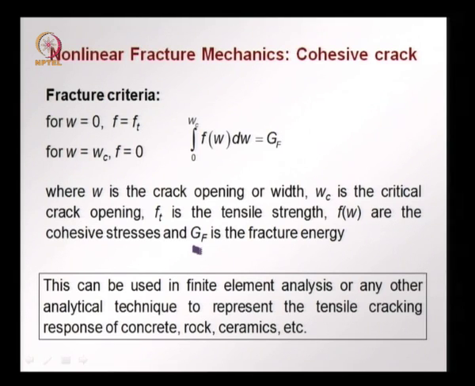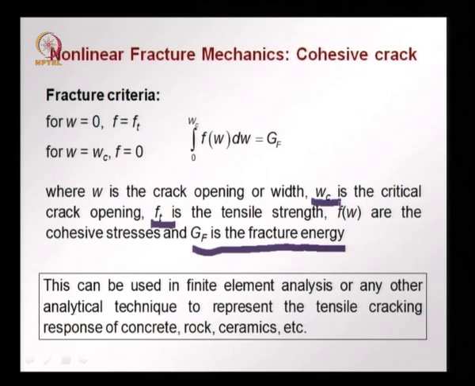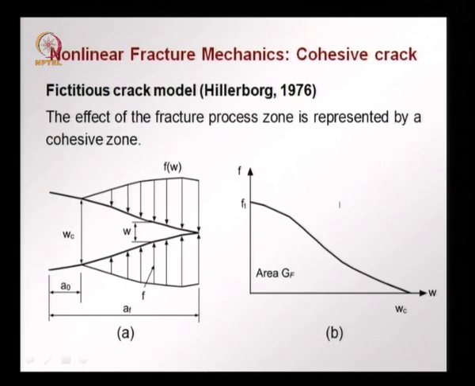Okay. So, we have the tensile strength as a parameter, and the critical crack opening now as a parameter, in addition to the shape of the curve. The shape of the curve also can vary from one material to the other.